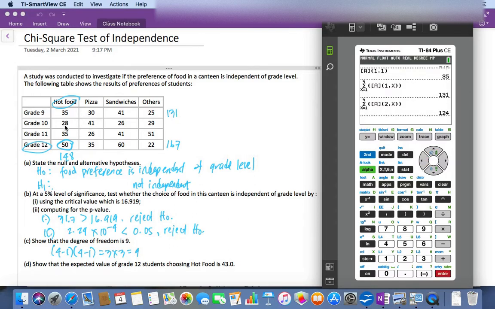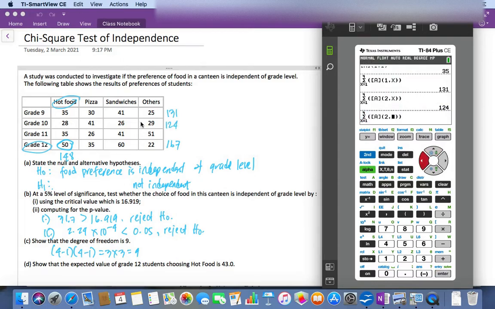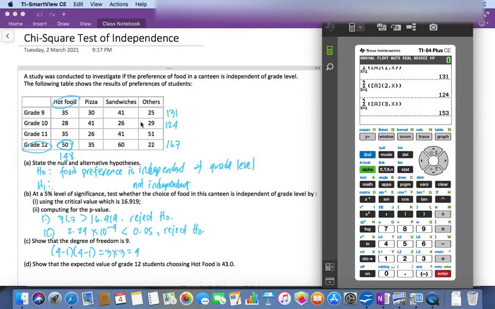If I go and change this to the second row, I'm adding up all the elements in the matrix from 2 1, 2 2, 2 3, 2 4. That's going to be 124, and then I do that for the third row, and that's going to be 153.